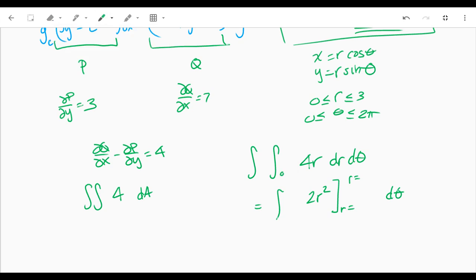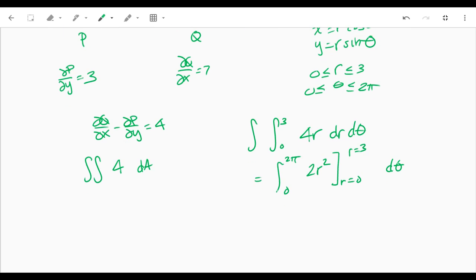Okay, so r goes from 0 to 3. Theta goes from 0 to 2 pi. And so then we'll have 2r squared, which is just going to be 18. Integrate that from 0 to 2 pi d theta. And that's just going to be 18 times 2 pi, which is 36 pi.